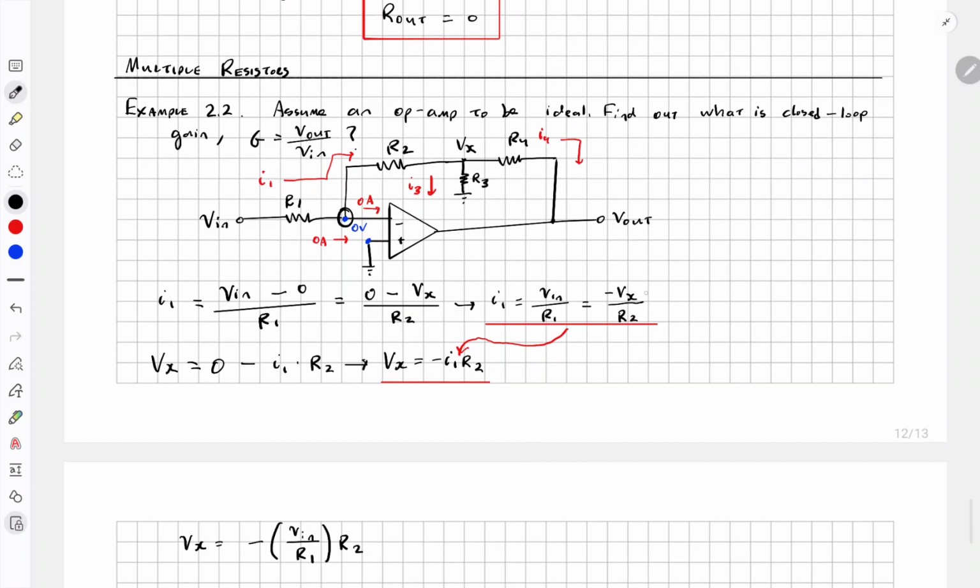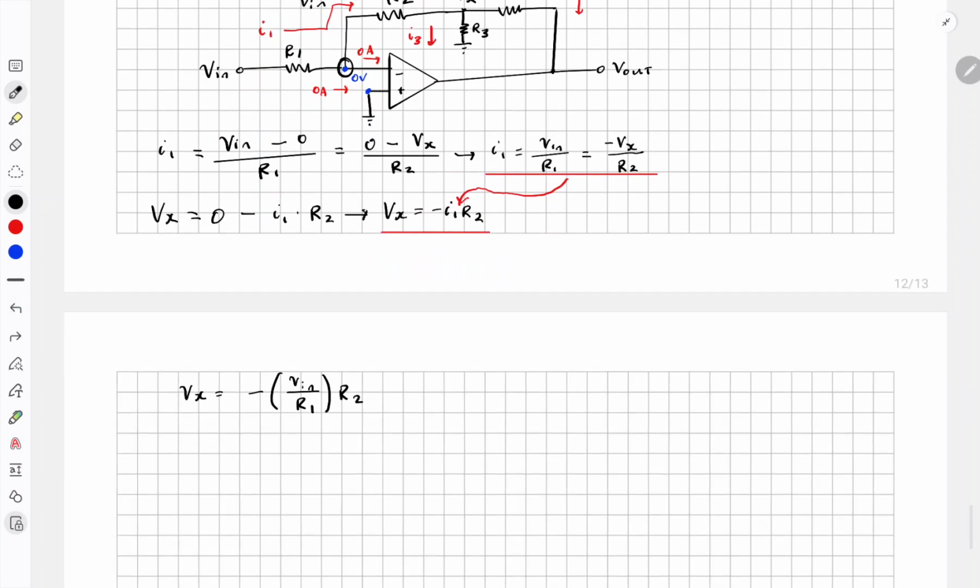Now you may be wondering, how come I didn't plug this one in here? Yeah, I could do that, but that defeats the purpose because you're plugging in Vx into an equation already having Vx. So that would not be helpful. Again, we're trying to solve for V in and V out. So it's a more logical choice to use this plug-in, right? So that's why I chose that. Okay, so let's save this equation, and I'm going to call this equation 1. We're going to save it and come back to it later.